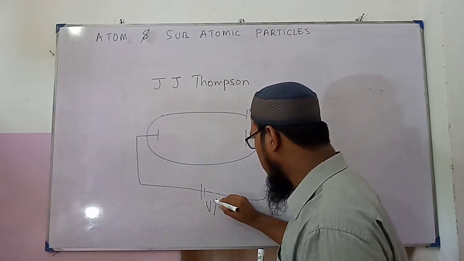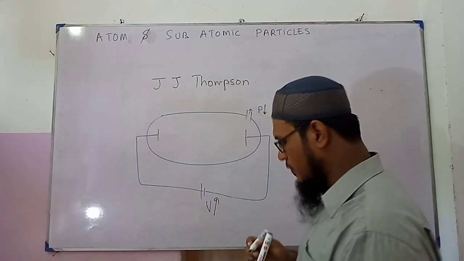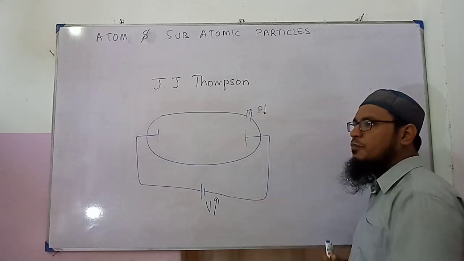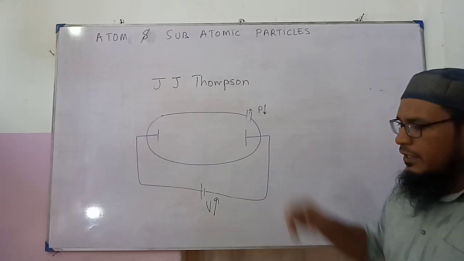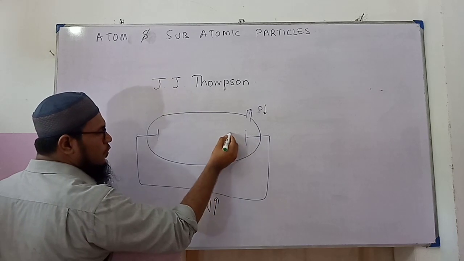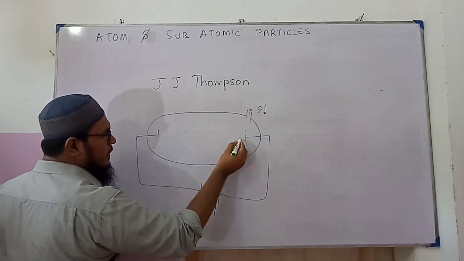High voltage and low pressure. When he was increasing the voltage gradually and reducing the pressure gradually, what happened? He saw some tiny particles which could move from one place to the other place.